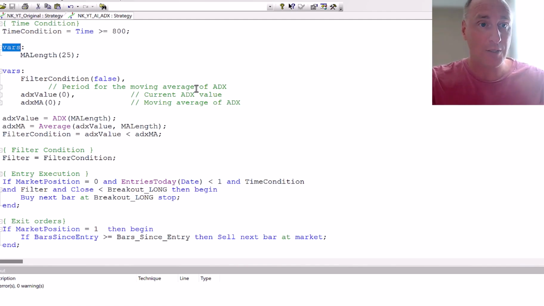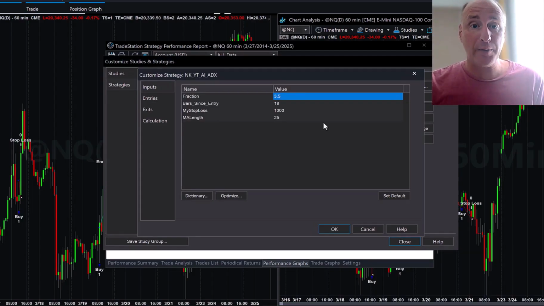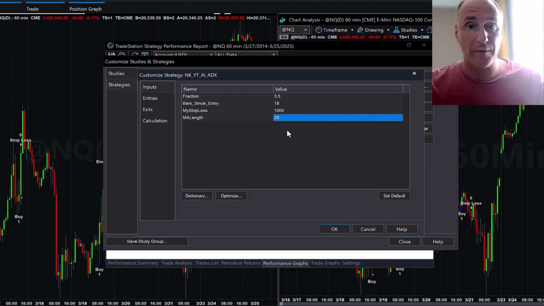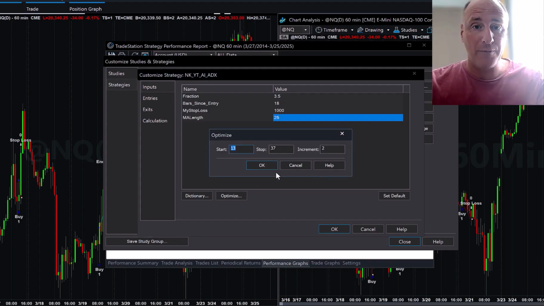Okay, so let's now change the variable here for input, which will allow us to optimize this moving average length, and let's see what kind of improvement we can get. Now be mindful, we're doing a little bit of an optimization here, so we're definitely increasing the risk of overfitting. So we should be careful, and what I would suggest, really use big increments.